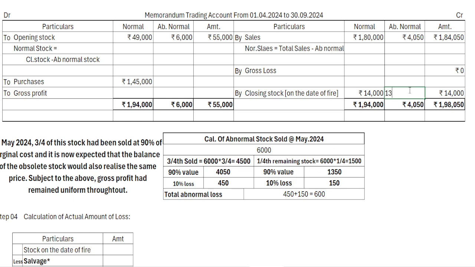Then 1,350 is the abnormal good in the stock, but 10% is loss. So total abnormal loss is 450 plus 150 is equal to 600.